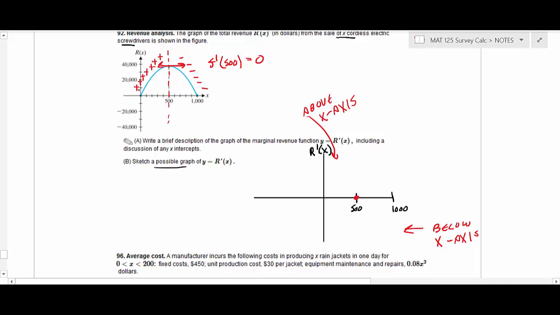Remember, we're graphing the value of the derivative. The other thing is the steepness of this tangent line in this region. So from 0 to 500, it's getting less steep. Okay? This is kind of what I usually tell students to do. If the tangent line is at a 45-degree angle, then the derivative has a value of 1.